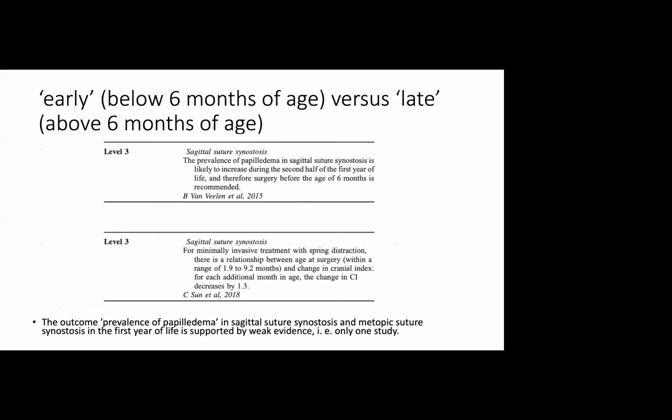So how about the timing of the surgery? The prevalence of papilledema in sagittal suture synostosis is likely to increase during the second half of the first year of life, and therefore surgery before the age of 6 months is recommended. However, the finding on the prevalence of papilledema in the first year of life is supported by weak evidence.